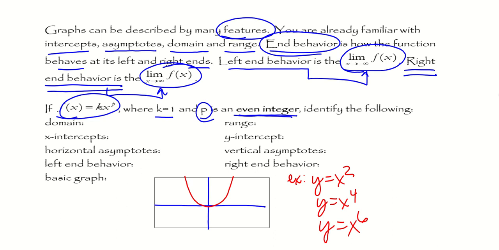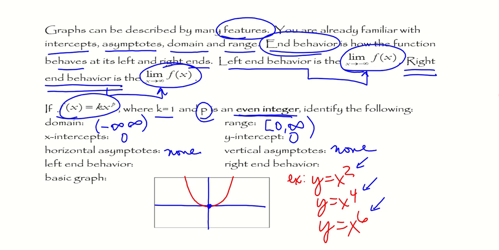So for each of these functions, the domain is -infinity to infinity, right? They extend forever, left and right. The range is 0 to infinity. They all pass through the origin and then are always positive, right? Which should make sense because if we're squaring, taking to the 4th or taking to the 6th, right, our result will never be negative. Our x-intercept is 0, our y-intercept is 0. There are no horizontal asymptotes. There are no vertical asymptotes, no asymptotes of any kind.